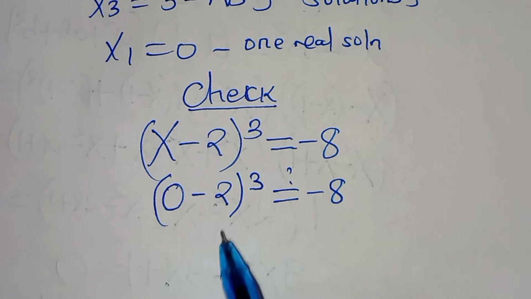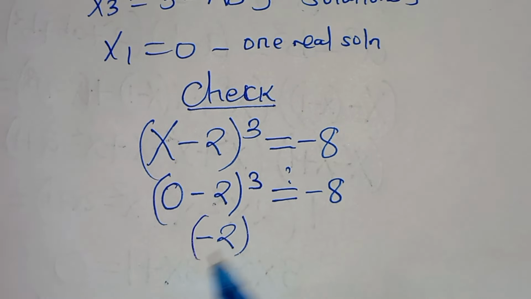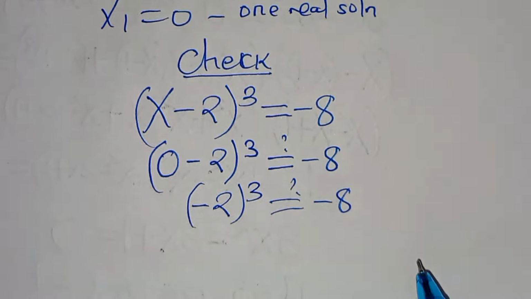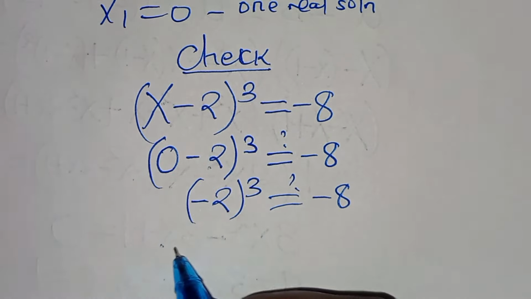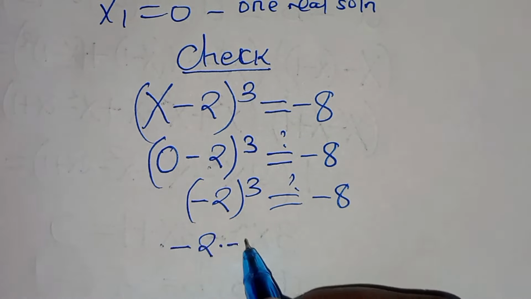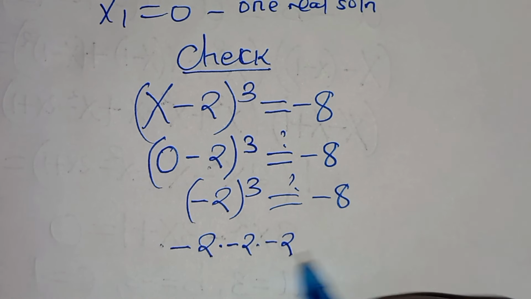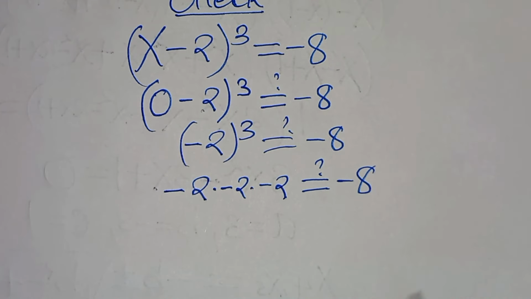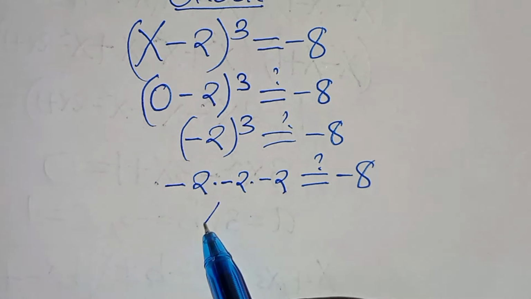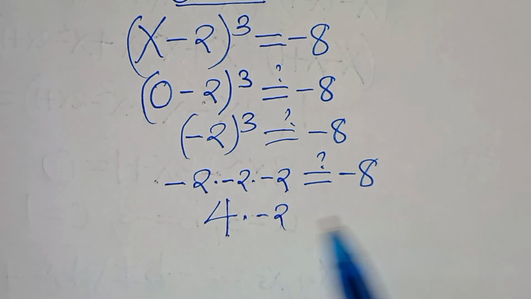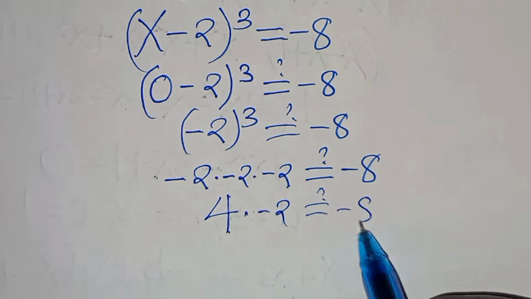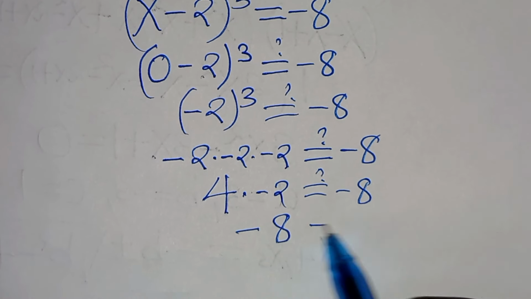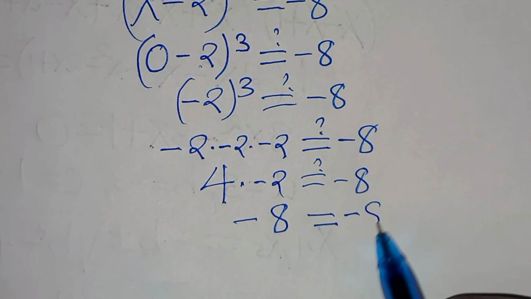So this means we have (-2)^3, which is -2 times -2 times -2. -2 times -2 is 4, times -2 is -8, which is equal to -8.